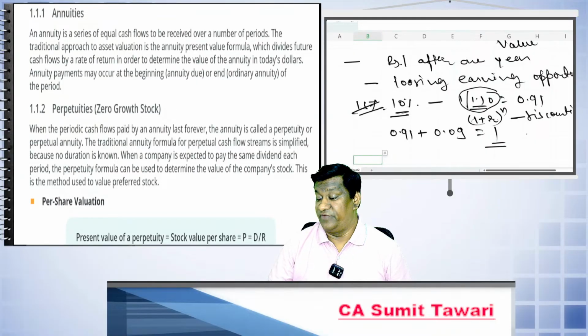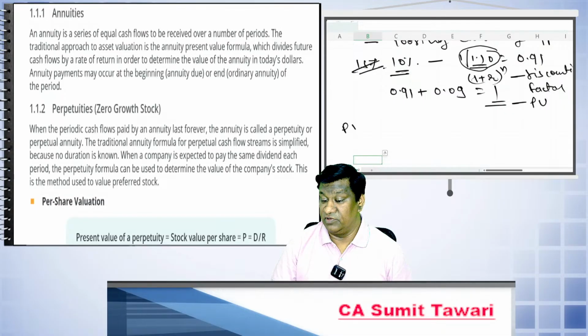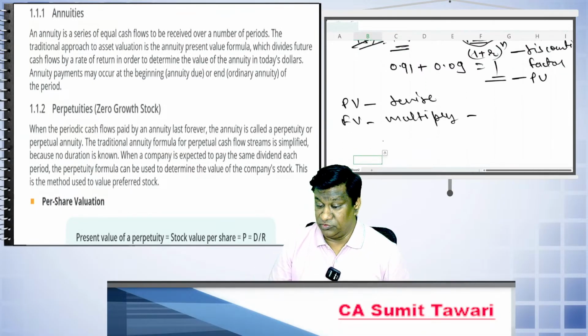Discounting factor, and we are calculating the present value. There are two terms, present value and future value. Whenever we are calculating the present value, you need to divide, and whenever we are calculating the future value, you need to multiply. Future value is what? I invested 1 rupee today. What is the valuation of this 1 rupee after 1 year?